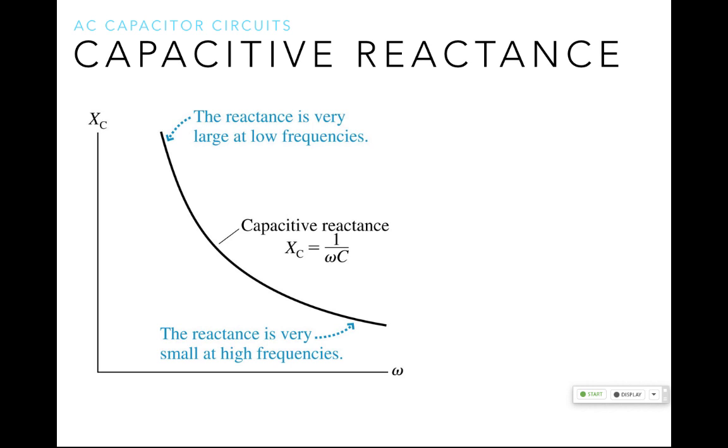Okay? So look, the reactance is very large at low frequencies. Okay? And it's very small at high frequencies. Why do you think that might be? So what happens to the voltage and current across a capacitor at low frequencies? There's lots of time for it to charge and discharge.